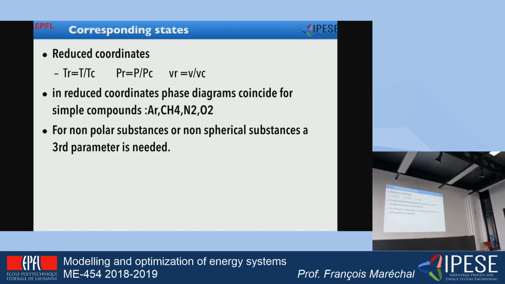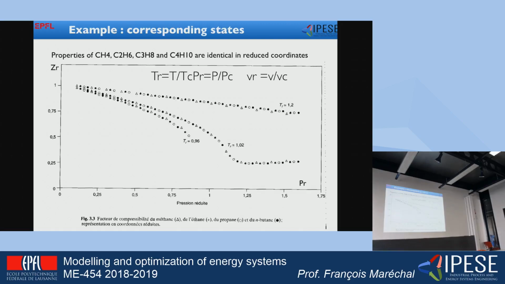critical temperature. And what the people have observed, and I'm showing you here for 3 different types of compounds, or 4. So you have here methane. Those are the triangle. The star is ethane, the circle are propane, and the black circle are butane.